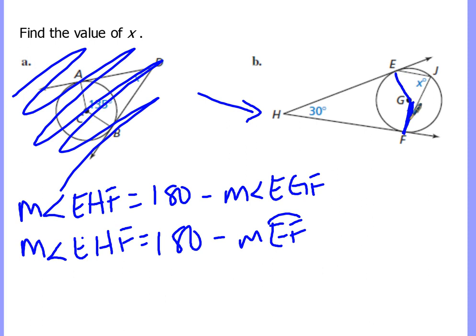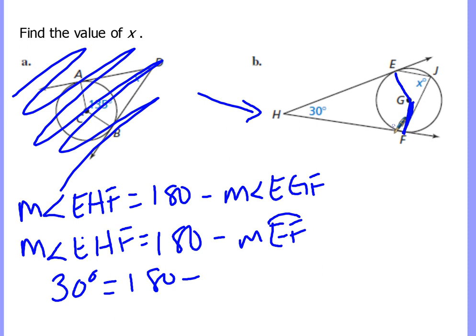Okay, so why is this important? Well, if the measure of angle EHF is 30 degrees, equaling 180 minus the measure of EF, what is the connection between EF and angle X, EJF? Well, X, EJF, is an inscribed angle. And an inscribed angle is half the measure of EF.